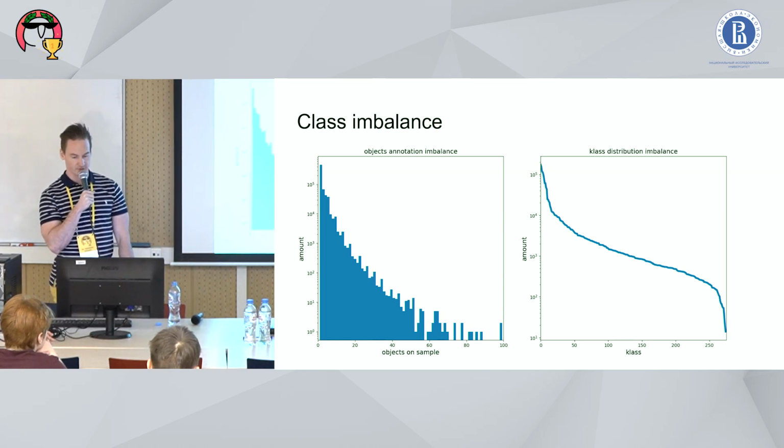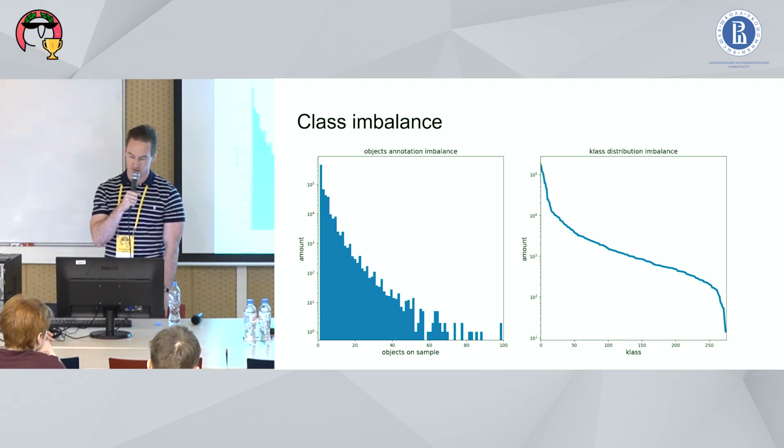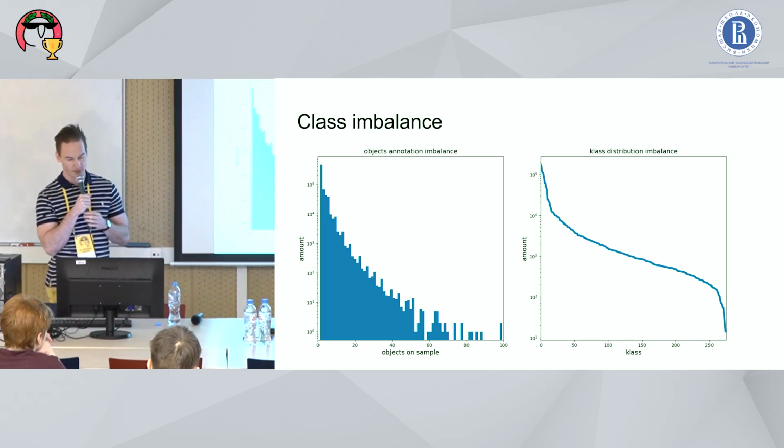So it's a huge imbalance in the classes. For example, some classes like human are very common in this dataset, and some other classes present only a few samples in this dataset. And all teams had to handle this imbalance in some manner.